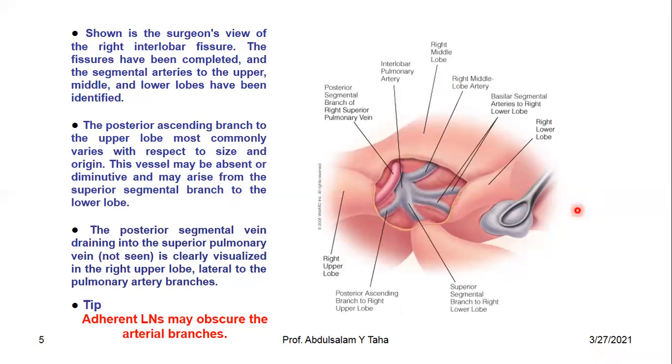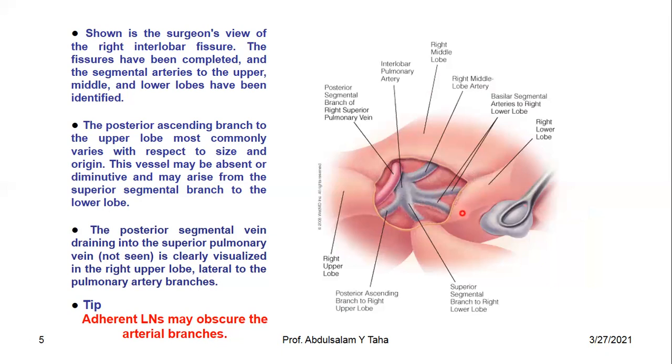Then, if the case is a tumor, we have to palpate the tumor mass to determine whether the tumor is resectable or not before proceeding to the other steps. The role of the assistant in pulmonary resection is very important. The assistant will apply traction on both lobes while the surgeon performs the dissection in the interlobar fissure.